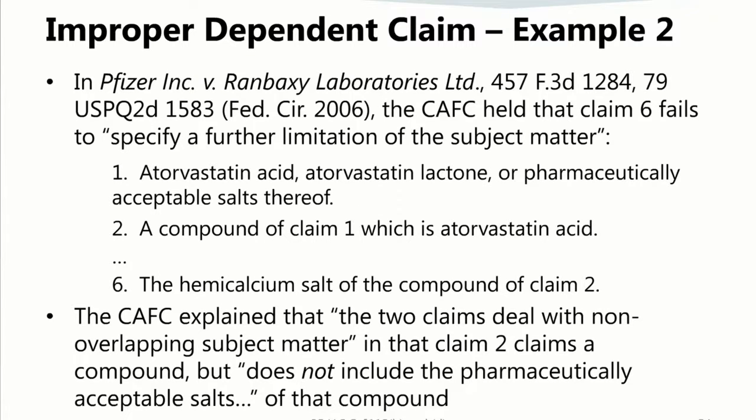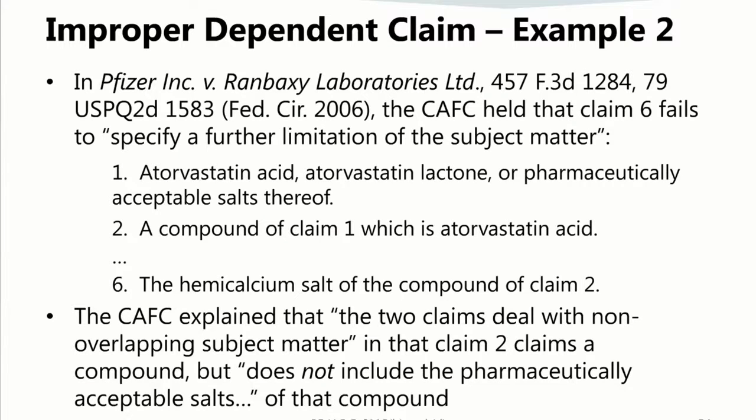In this example, Claim 2 is directed solely to an atorvastatin acid and depends from Claim 1, which included 1. Atorvastatin acid, or 2. Atorvastatin lactone, or 3. Pharmaceutically acceptable salts thereof. Thus Claim 2 further limits Claim 1 by excluding the lactone as well as the salts of the acid.